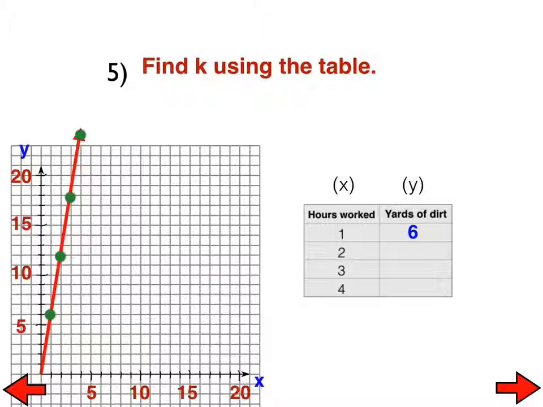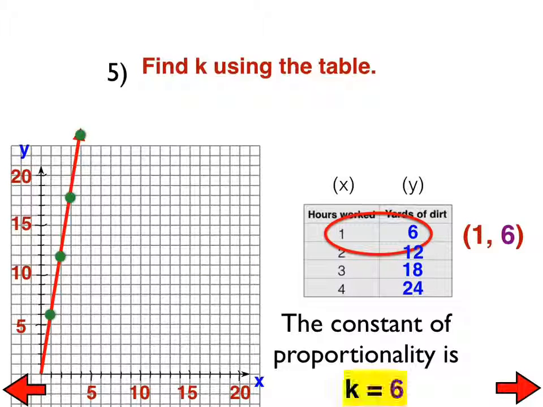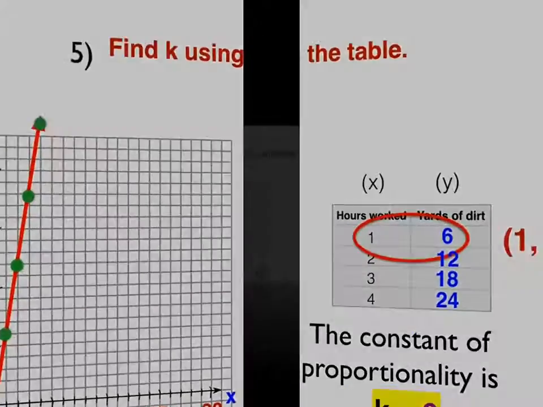Tell me, what's the rest of the values? (2, 12), (3, 18), (4, 24). Good. Even though 24 was off the graph, you know it's proportional, right? Because it's linear, it goes through the origin. So you can use just the pattern here, and you know the next one's 24. (1, 6) is the constant spot where you find it. K equals 6 is the constant.